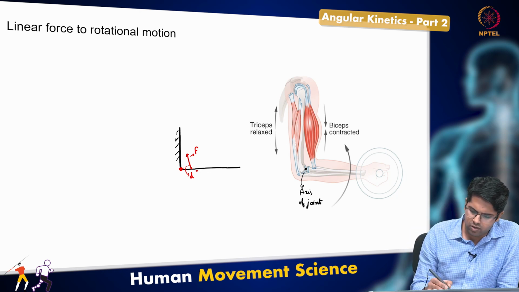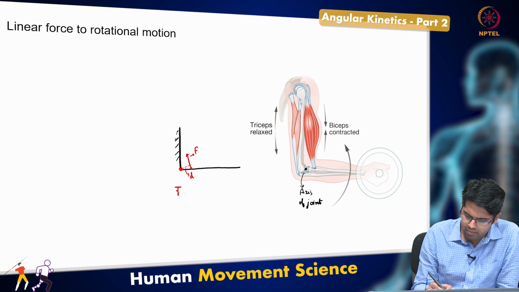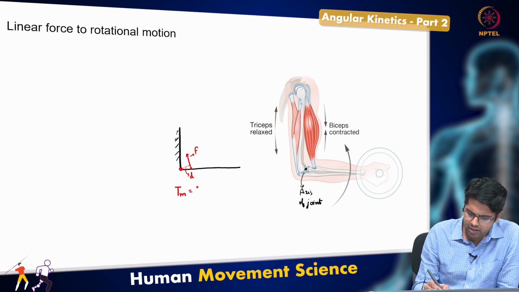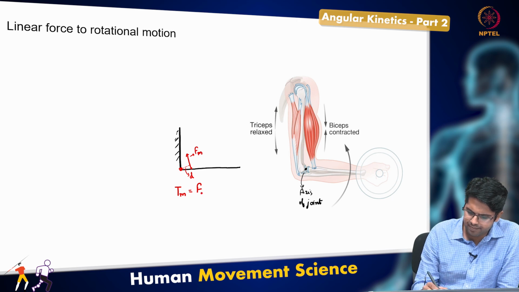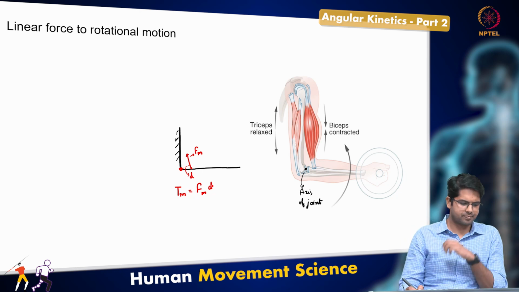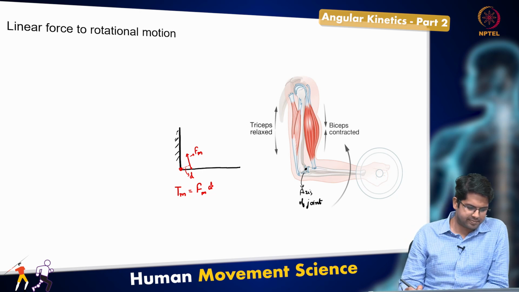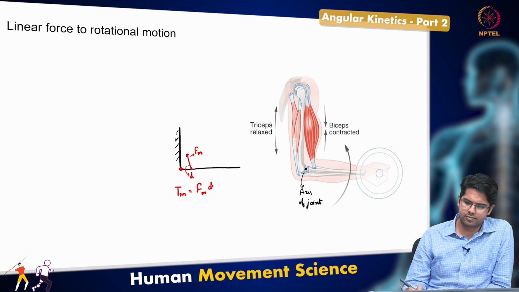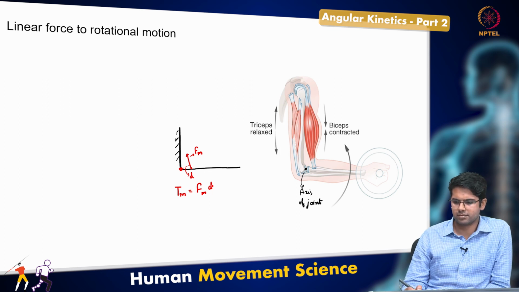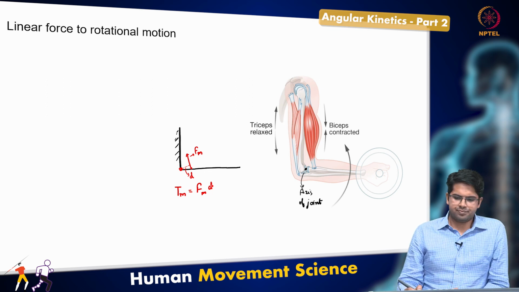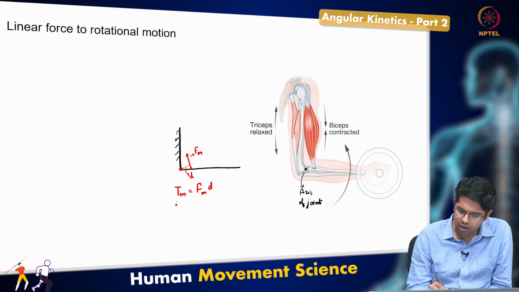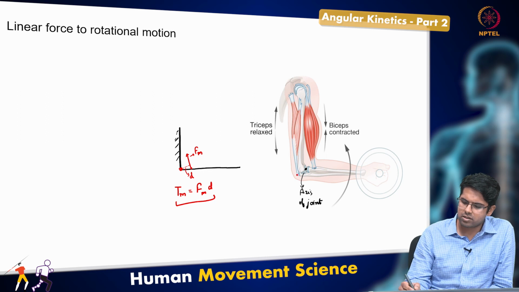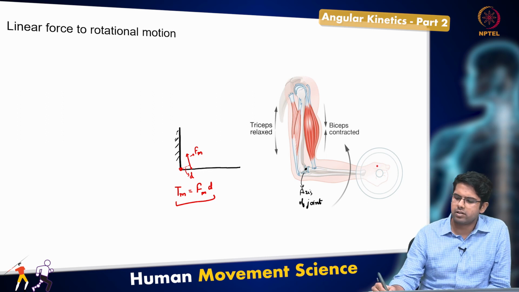So the torque applied by the muscle is the force in the muscle times the perpendicular distance. It is this torque that actually causes this hand to rotate up.